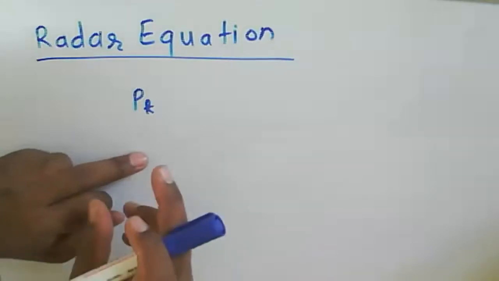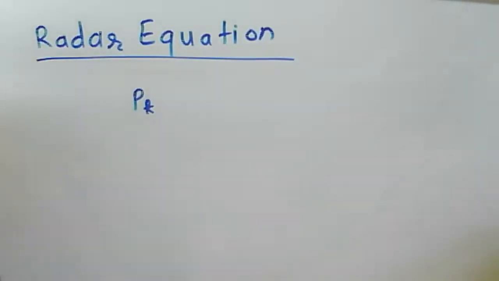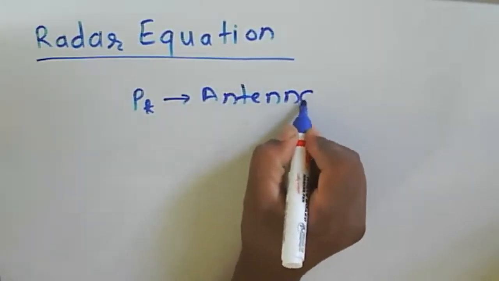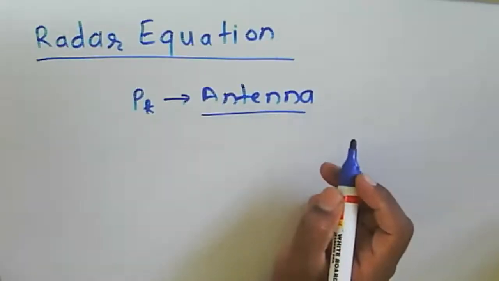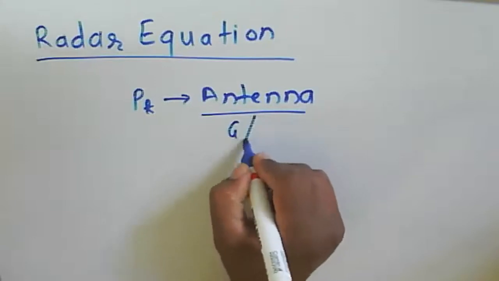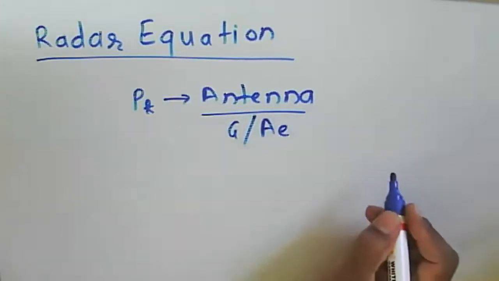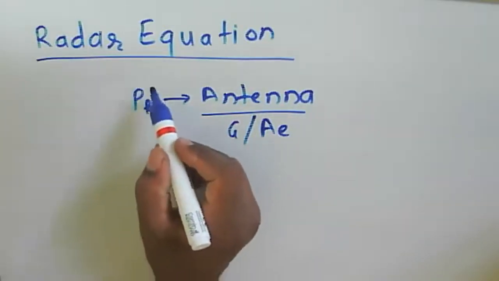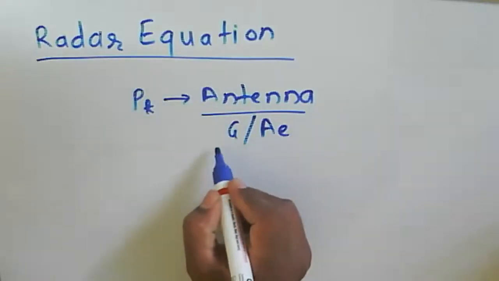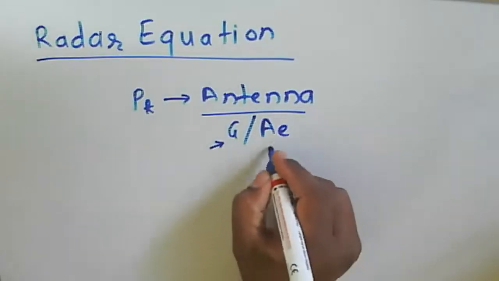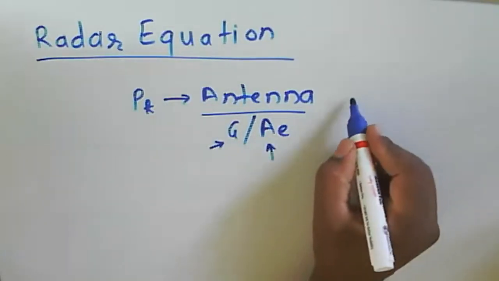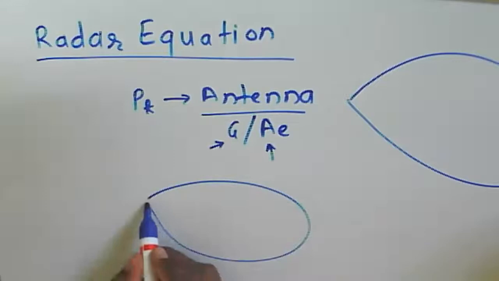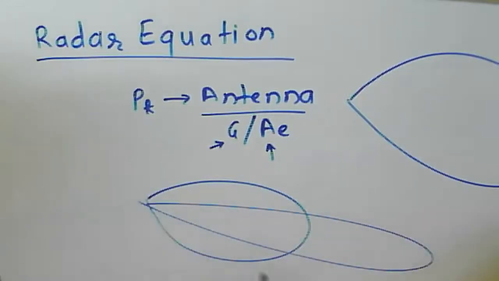Now when we consider the power transmitted by the radar, we need to know what type of antenna we have, what the gain of this particular antenna is, and then what the effective aperture area of the antenna is. Based on that, the power transmitted by the antenna will be higher or maximum. So we need to consider the gain and the effective aperture area of the antenna, so that the power will be radiated in all directions. Or, as I draw here, we will get a narrow beam this way.